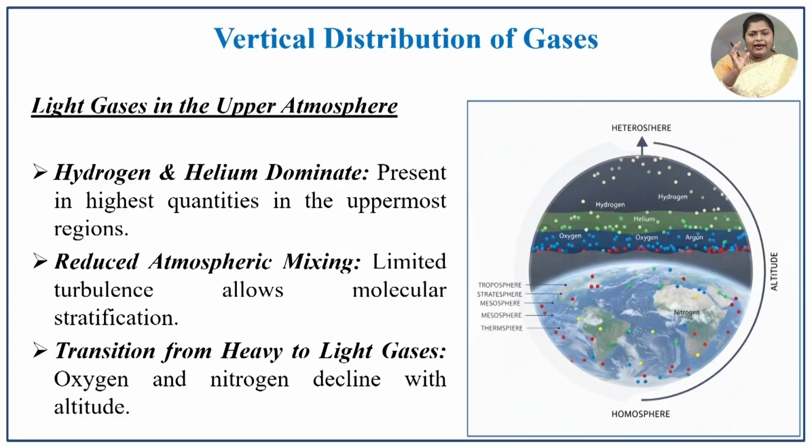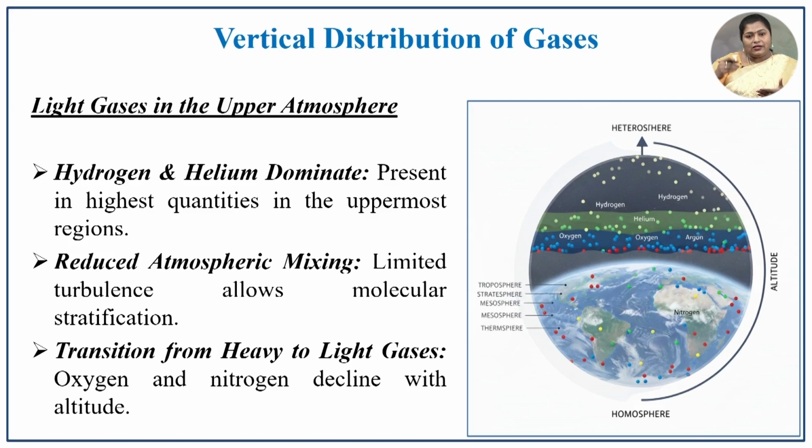And then this stratified atmospheric composition, that is each layer has a distinct gas dominance. The light gas in the upper atmosphere, if you recall from the evolution of the atmosphere session, we discussed the earlier origin of gas was hydrogen and helium.